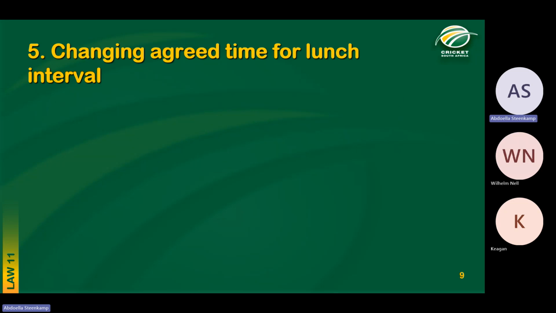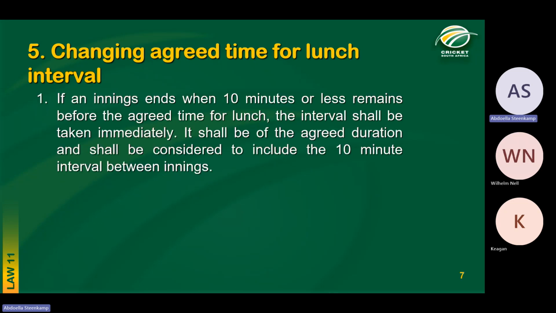Now, to activate these clauses. When it comes to a change of innings, the law wants the innings to end 10 minutes or less before the agreed time for lunch to take an early lunch.